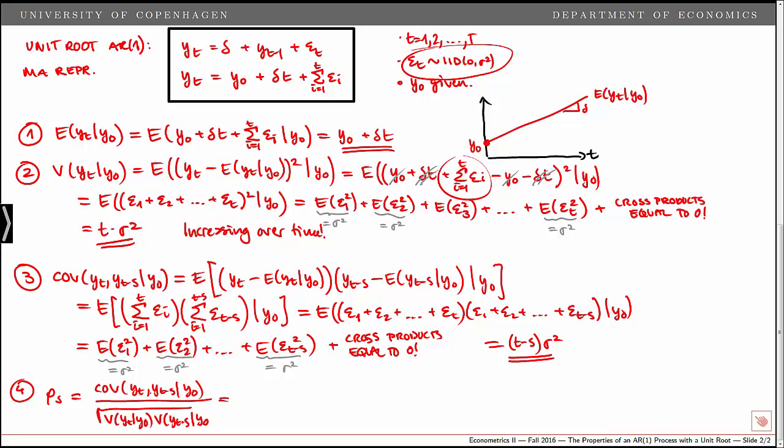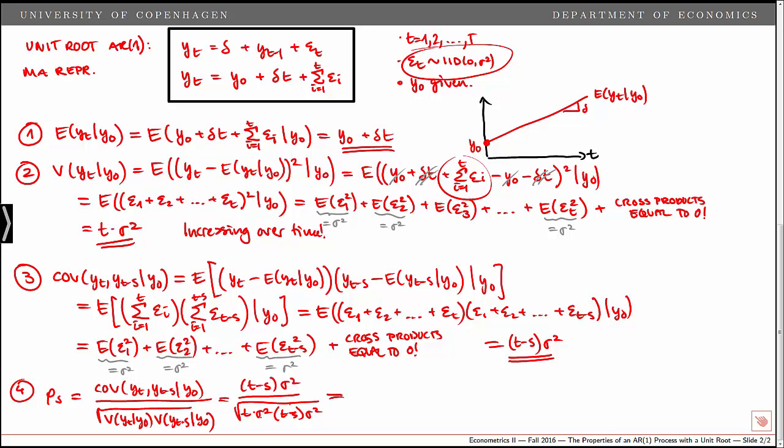What we have to do here is simply plug in. First, the covariance, we have t minus s multiplied by sigma squared, and then we divide through by the square root. The variance of yt given y0 we have from up here is equal to t times sigma squared. If we look at the second term, we get t minus s multiplied by sigma squared like this.